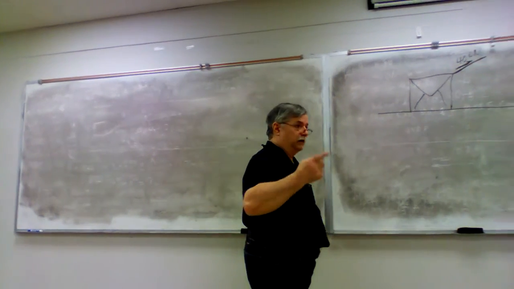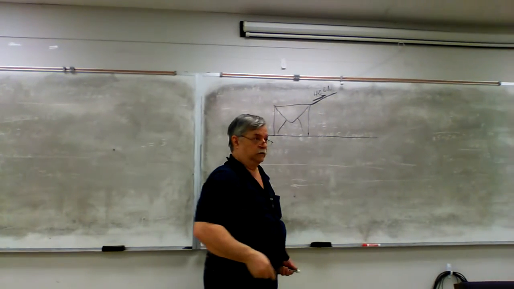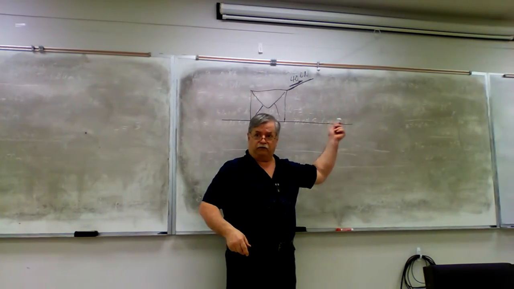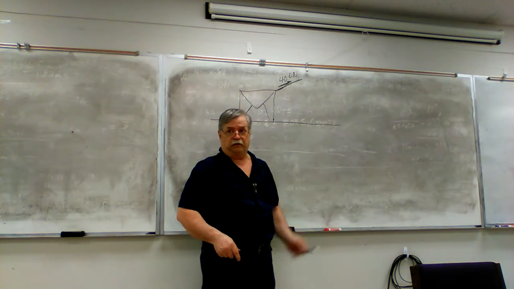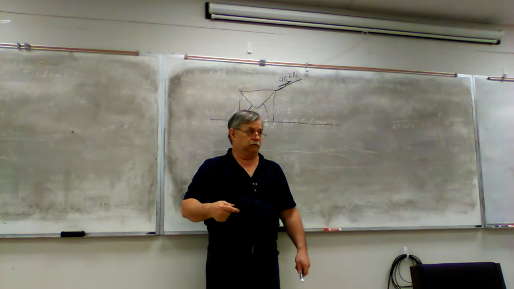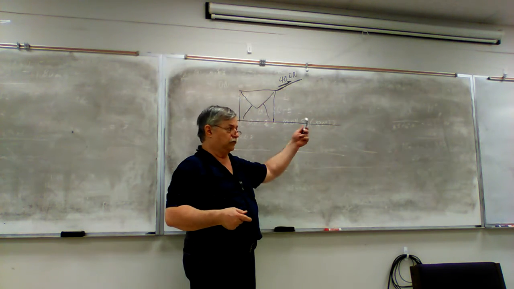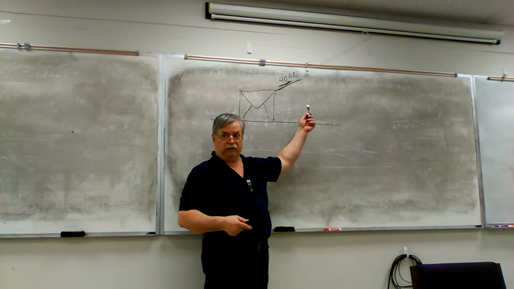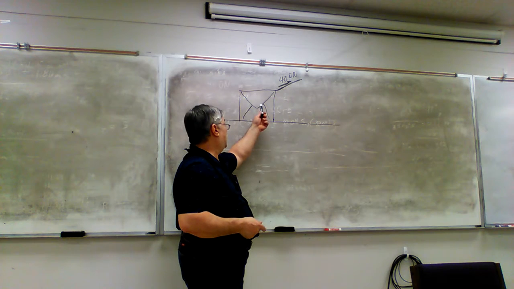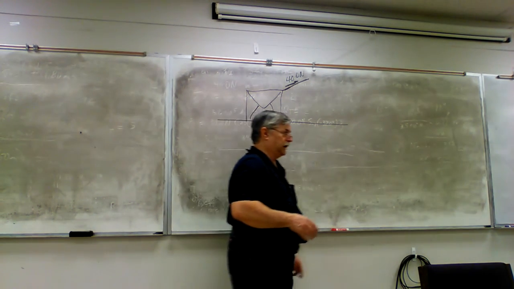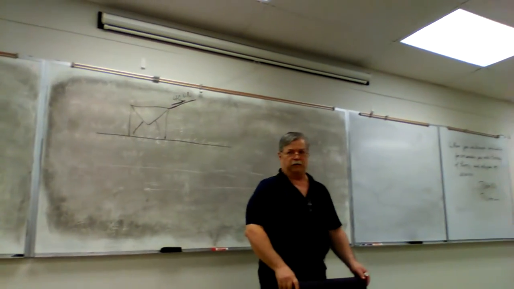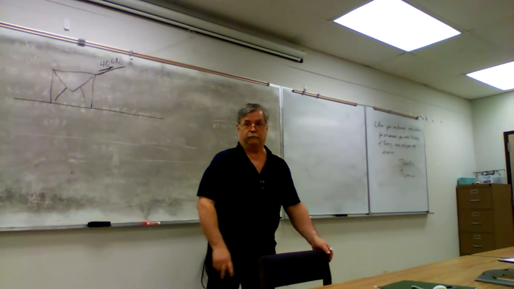But in fact, you are not pulling the box. You are pulling the string and applying 40 newtons of tension to the string. The tension in the string is what's actually pulling on the box. And that may seem like a trivial distinction to make, but it will not always be so.